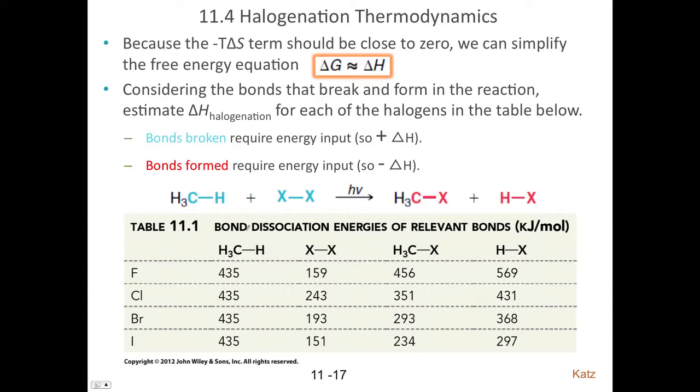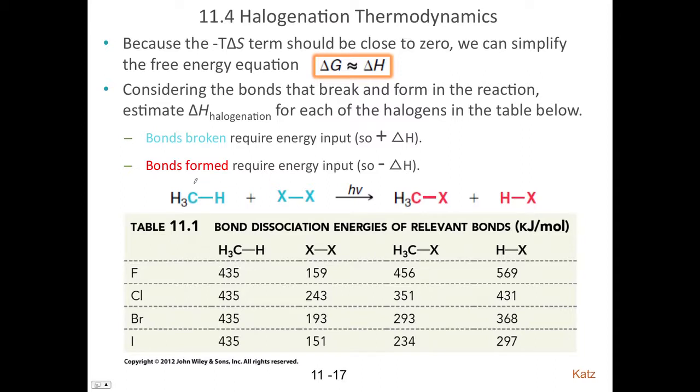So how do we do this? We simply list underneath each one of these compounds what they are. And then underneath the compounds that are the products of the reactions, we list these as negative enthalpies here. Let me see here.